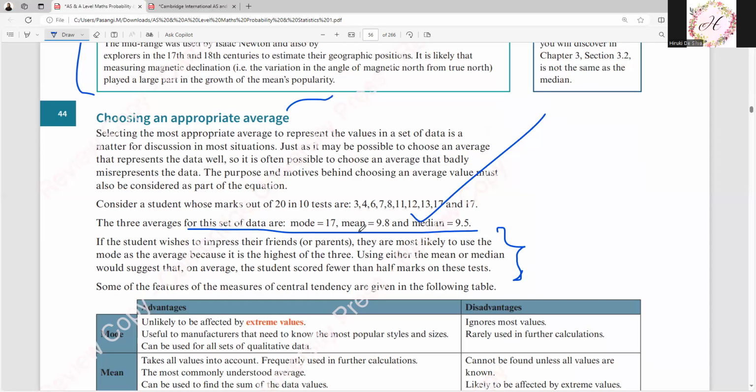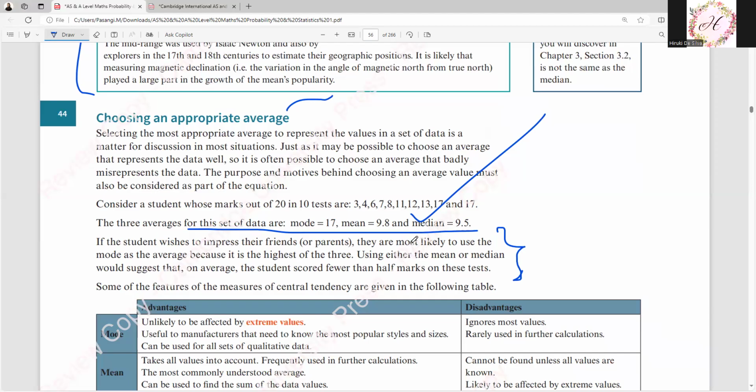If we compare those two, we can interpret this result: if the student wishes to impress their friends or parents, they are most likely to use the mode as the average because it is the highest of the three. Then using either the mean or median, 9.8 and 9.5, would suggest that on average, the student scored fewer than half marks on these tests as well.